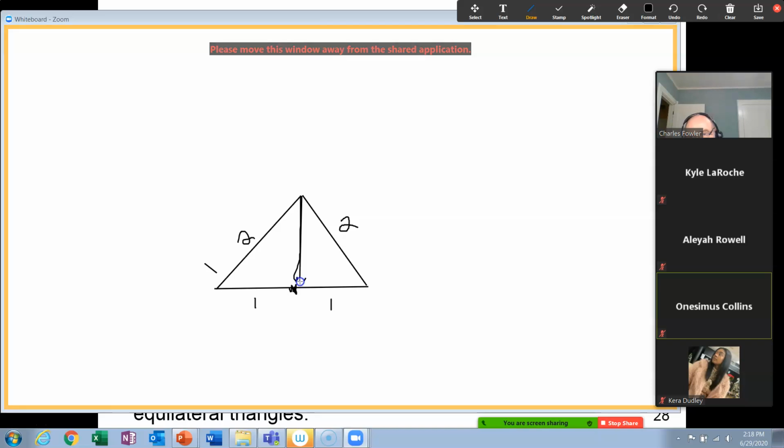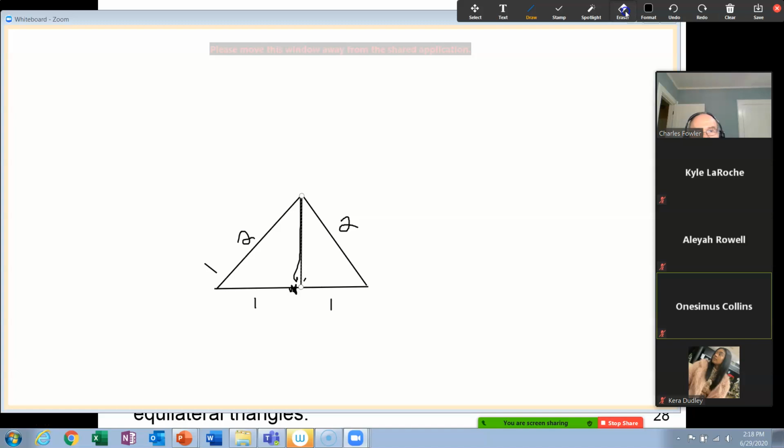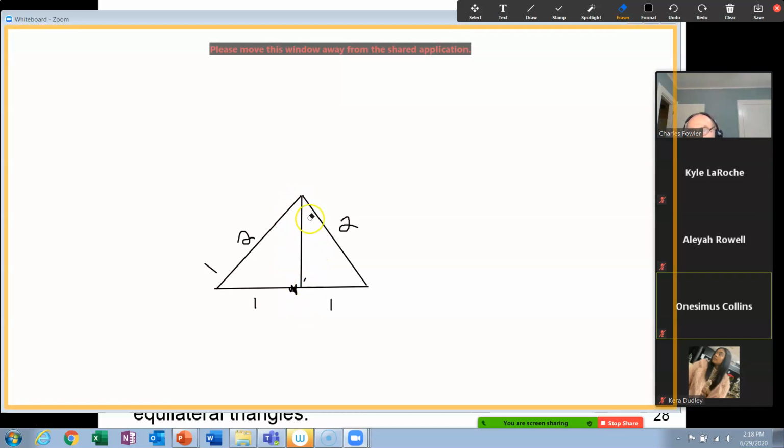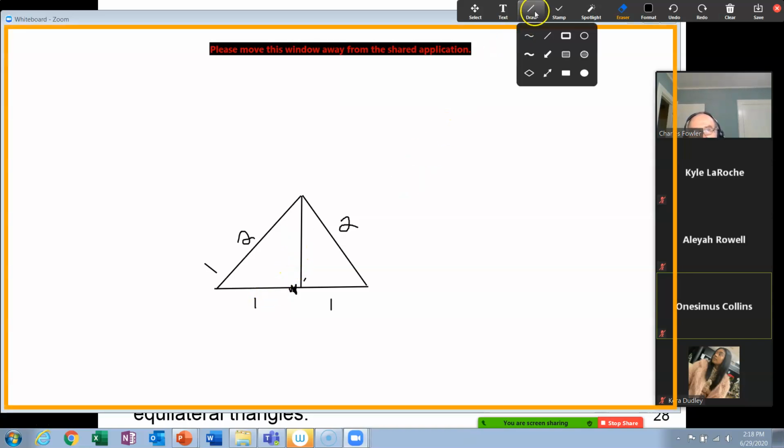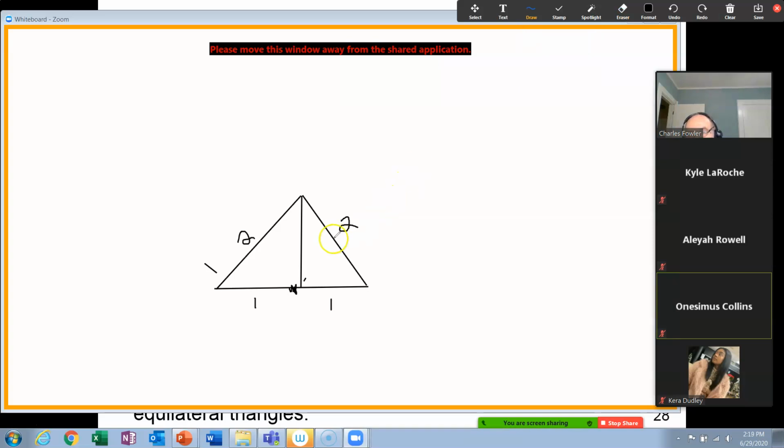Let's just say that is a vertical line. What is the length of that line? Well, we know from the Pythagorean theorem that 2 squared minus 1 squared is 4 minus 1, which is 3, so this is the square root of 3.